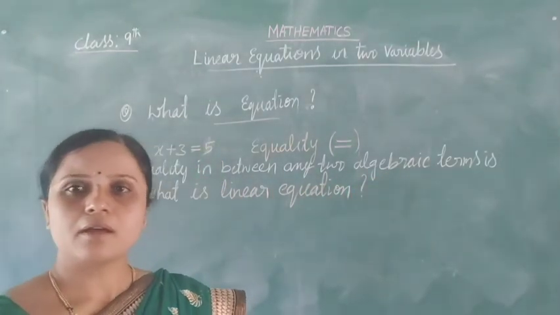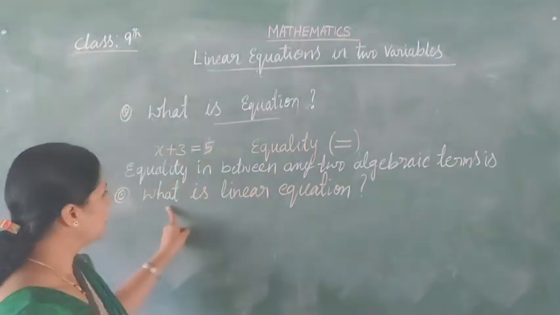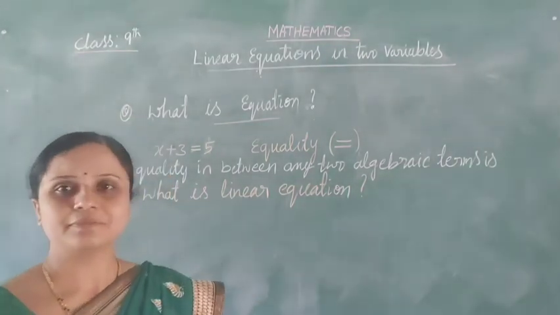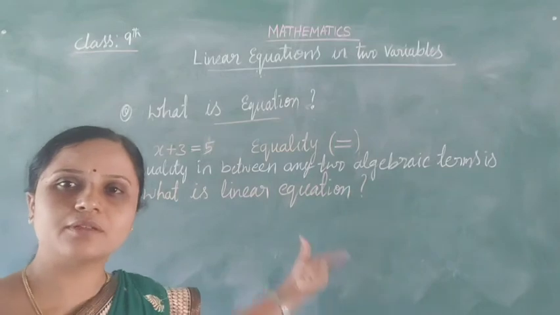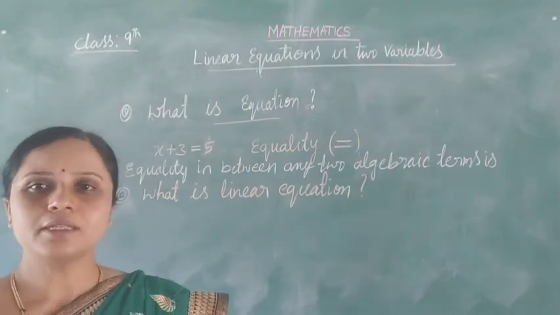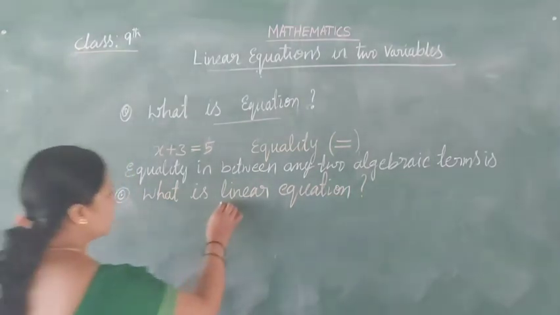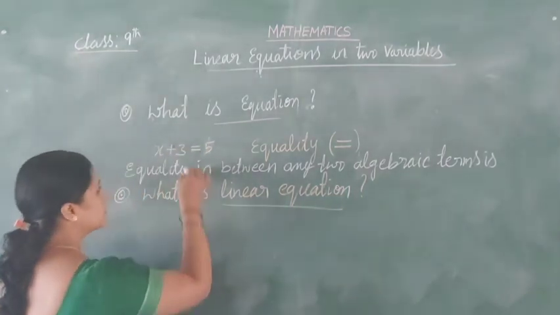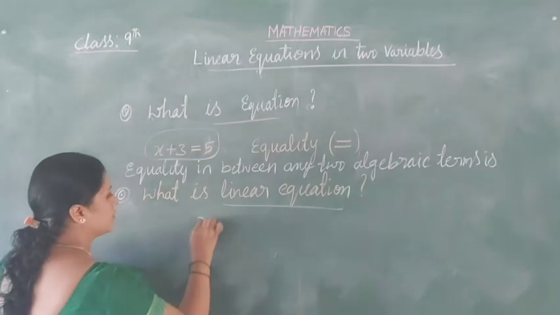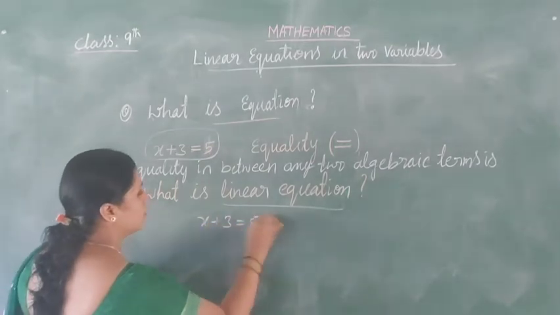Now we can tell what is a linear equation. So you know what an equation is, and also what a linear equation is. Take this example: x plus 3 equal to 5.